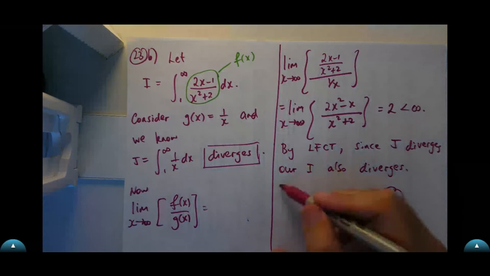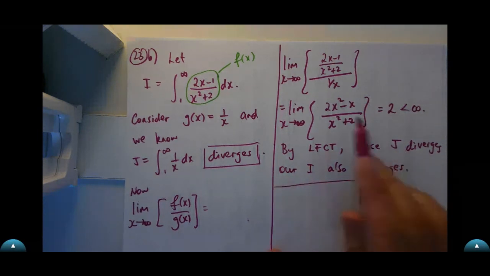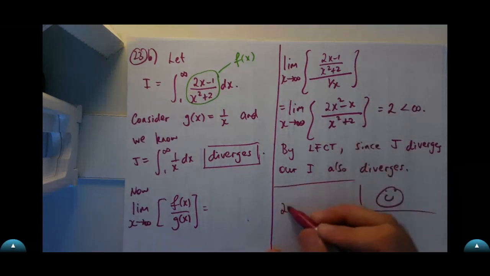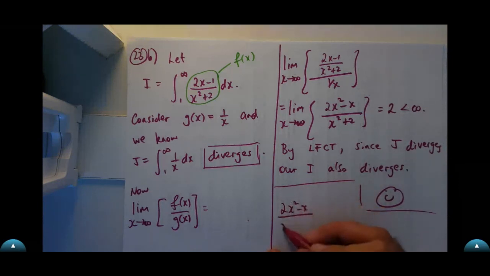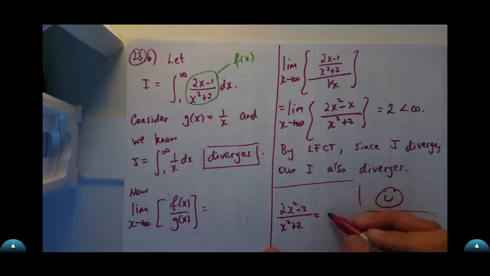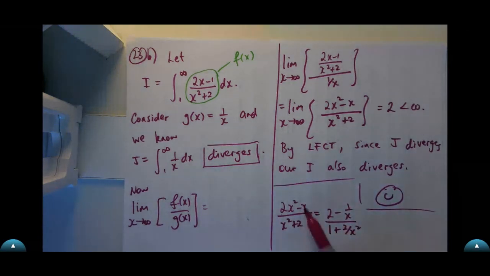Why is it 2, Carl? That is an excellent question. Let's have a look. So divide the top and the bottom by x squared. Okay, divide the top by x squared, the bottom by x squared.